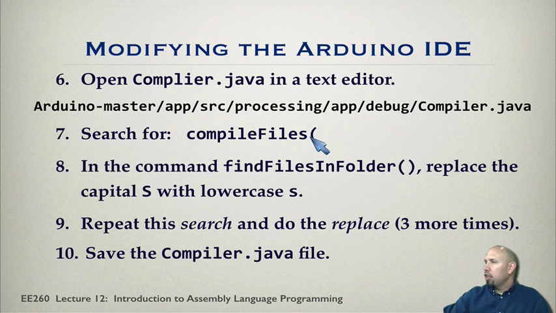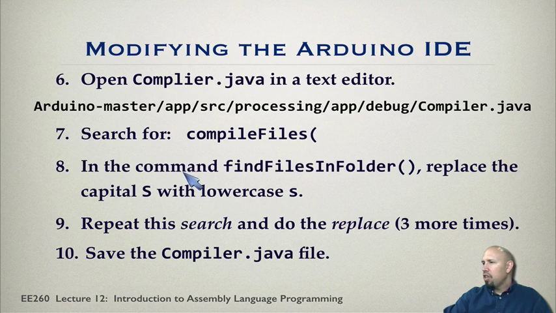What comes up following that is some code that includes find files in folder. It'll have things in quotes, again things like C and C++, and so forth. It'll actually have S in there, but it'll have capital S. So change that from capital S to lowercase s.